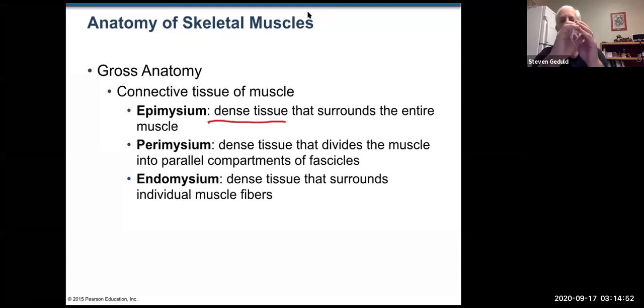There are different parallel components that can contract individually inside a muscle. That's your perimysium. That's the division. Then the dense tissue that surrounds each individual muscle fiber is the endomysium. So you have the epimysium on the outside, the perimysium divides into the endomysium that surrounds each individual muscle fiber or cell.